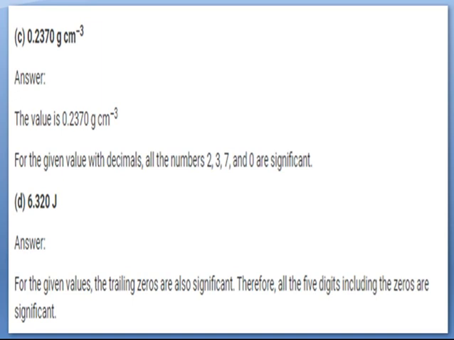Now see part D, 6.320 joule. For the given value, the trailing 0 is also significant. Therefore, all the digits, including the zero, are significant. That is 6.320, so it should be 4. All 4 digits are significant.